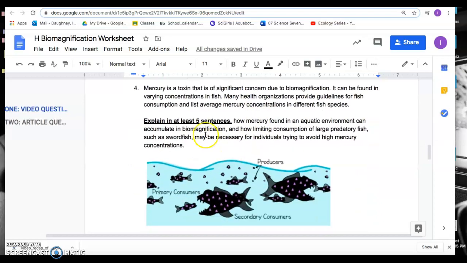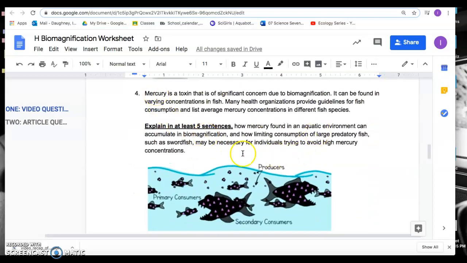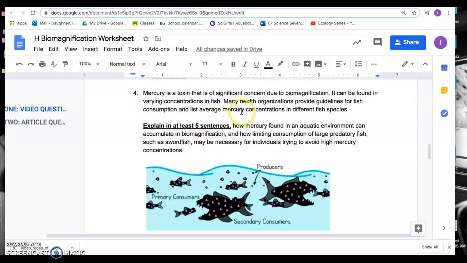Now down here, I want in a few sentences, like 5 sentences, okay, I want you to walk through how mercury goes up this food chain. All right, mercury is a toxin that we as humans have had concerns about because there have been populations of people that have unfortunately died of mercury poisoning because of pollution.